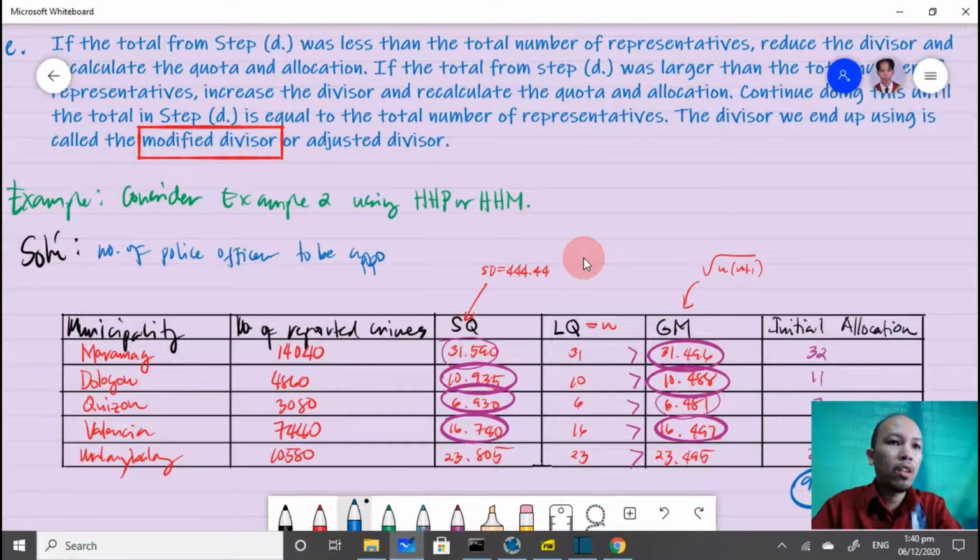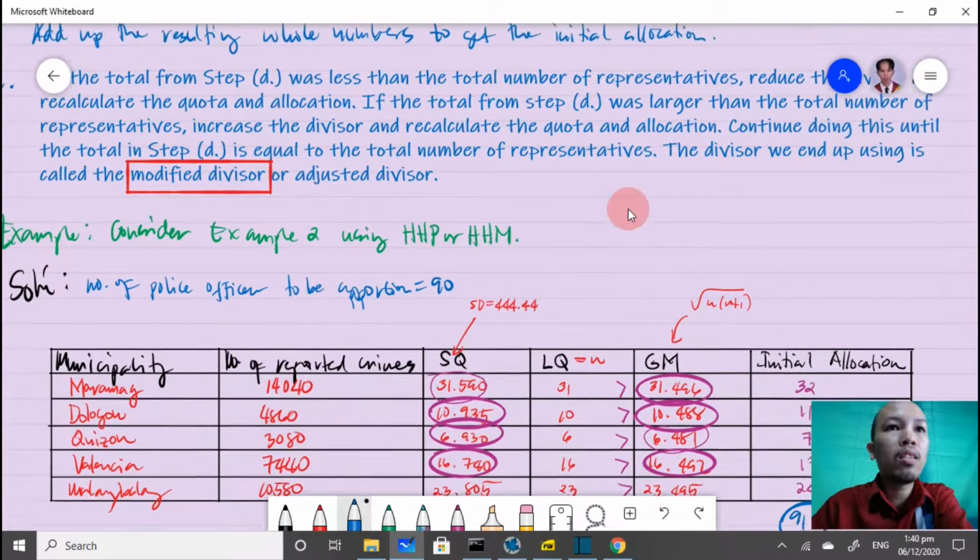The number to be apportioned is equal to 90. So we have greater, so we go to the second sentence.